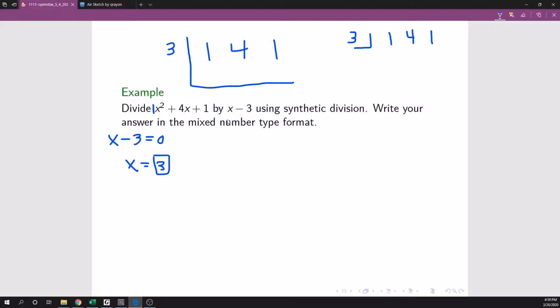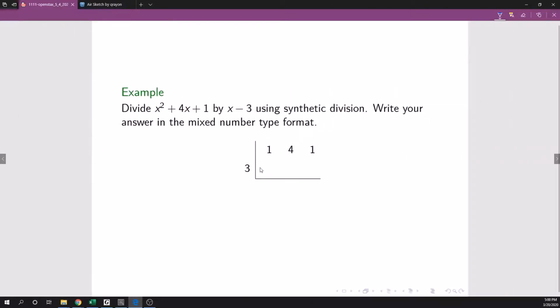Some people think of it as being the opposite: hey, that's a -3, so I put a +3 here. Other people look at this as by what number makes this 0. So that's the setup, and that can be a little bit confusing. All right, so that's what the setup looks like.